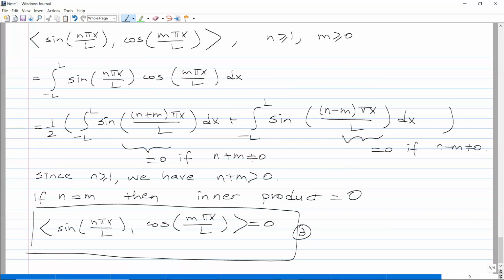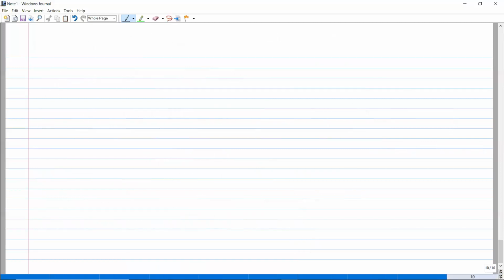Okay, now we are trying to write a function. f is a piecewise continuous function with period 2L.